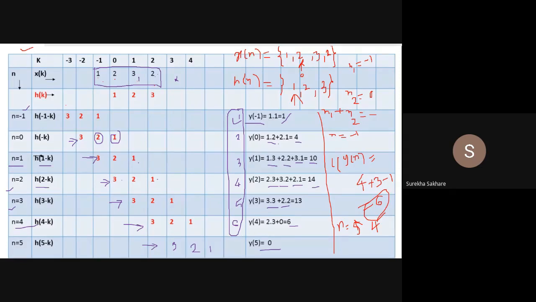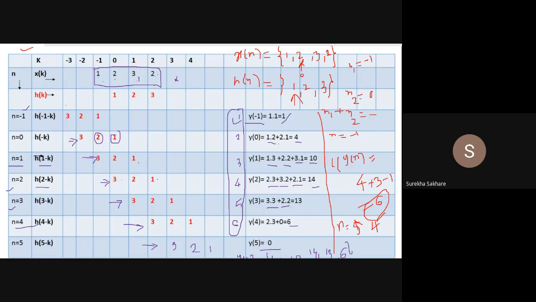And how will you write this? How will you draw this? We have to draw this in a pictorial diagram. You can draw it, or simply put it as y of n is equal to, in curly brackets, where you show the indication: 1, comma 4, comma 10, comma 14, comma 13, comma 6.